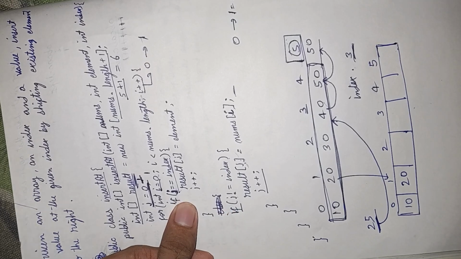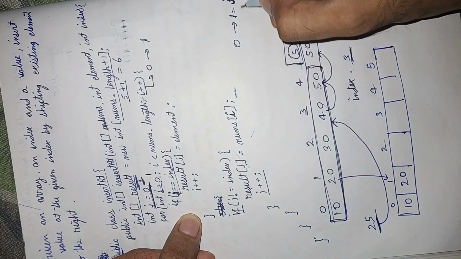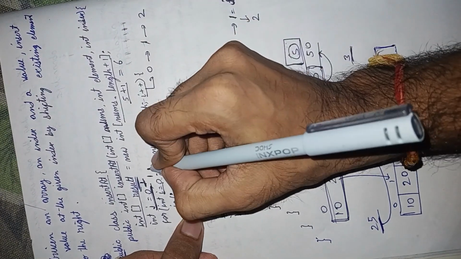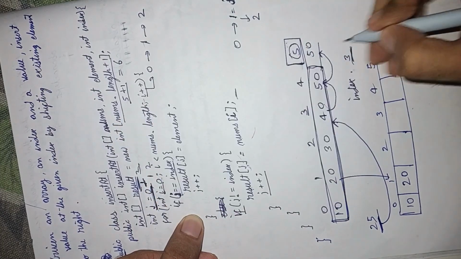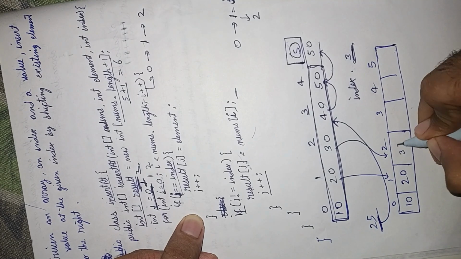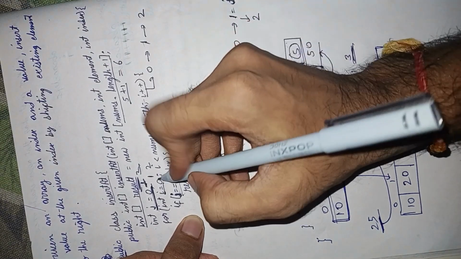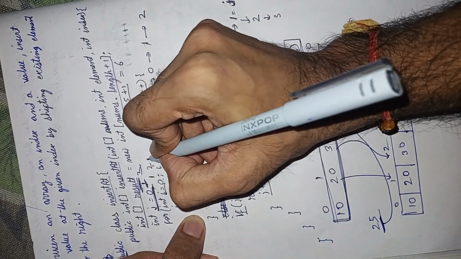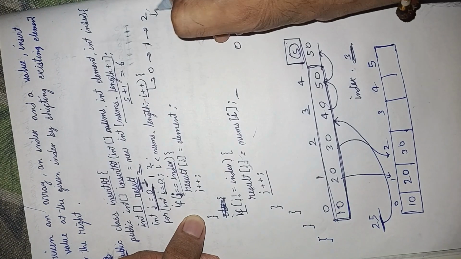Next, again it will be incremented to 2. Now is 2 equal to 3? No. So again it will be passed as it is. Now this time it will be made 3 and it will also be made 3.